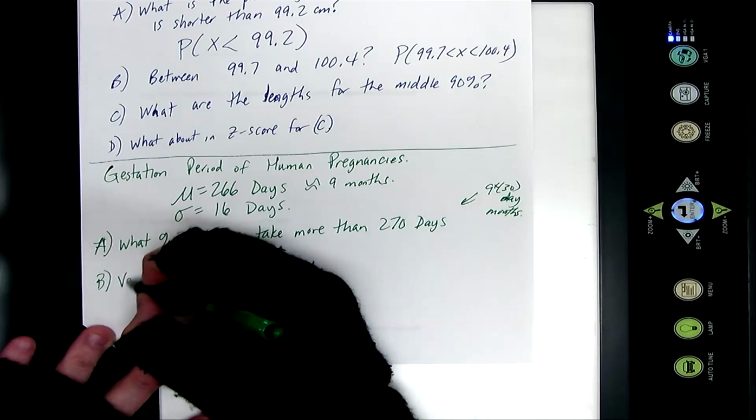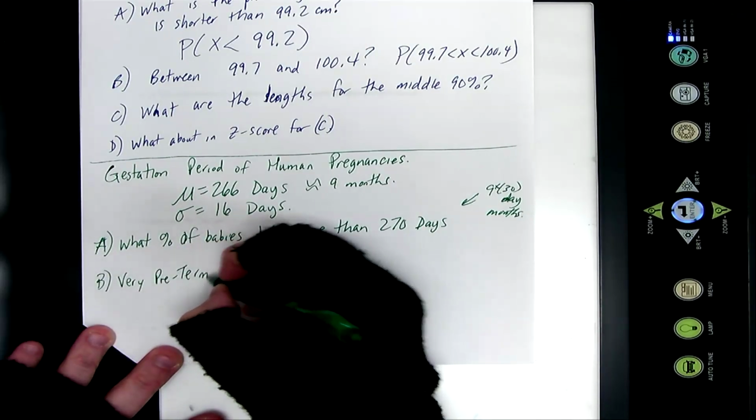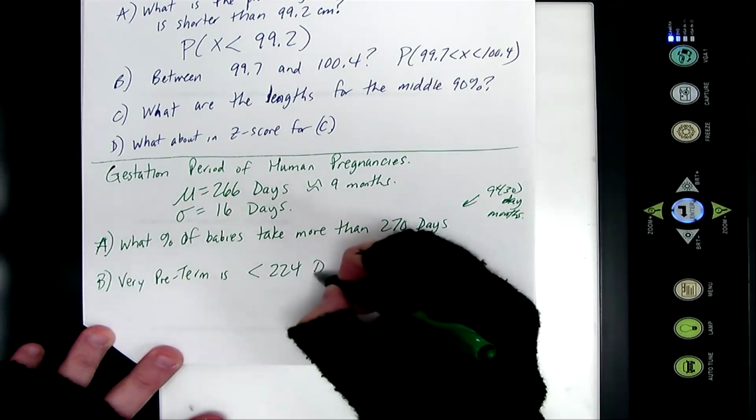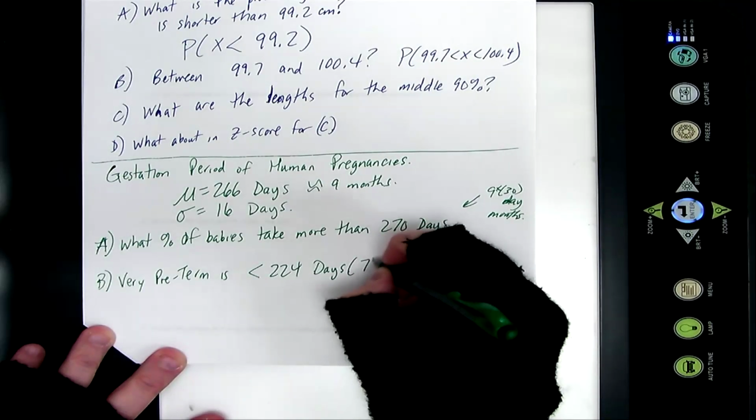Very preterm is less than 224 days, or about 7.5 months.